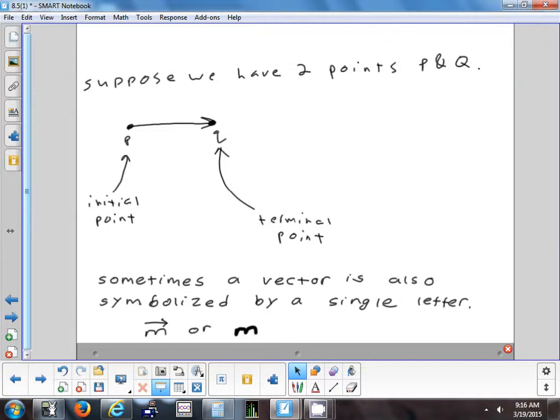This arrow doesn't indicate direction at all when it's above a letter. All it's indicating is that the M is a vector. Doesn't mean it's pointing to the right. It's just that M is a vector. So, any question on the different notations? In this lesson, I think I mostly use the bold letter, just like your book does.